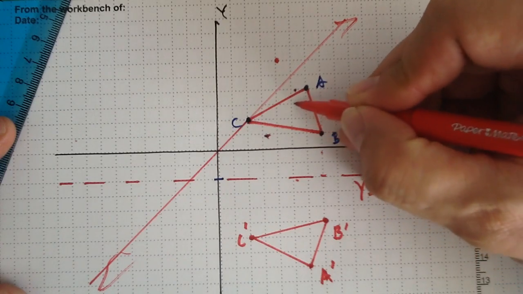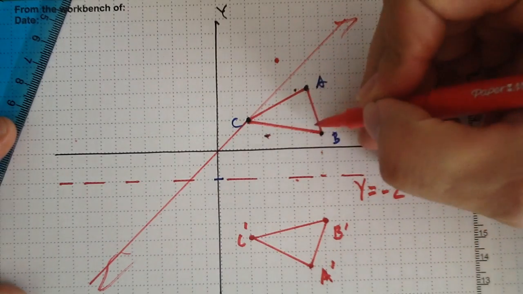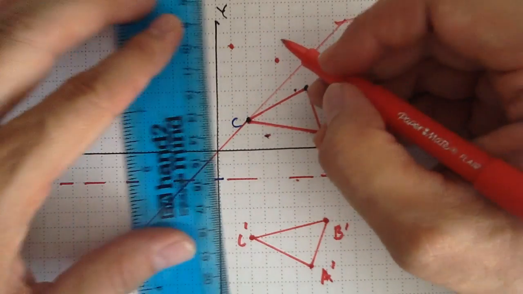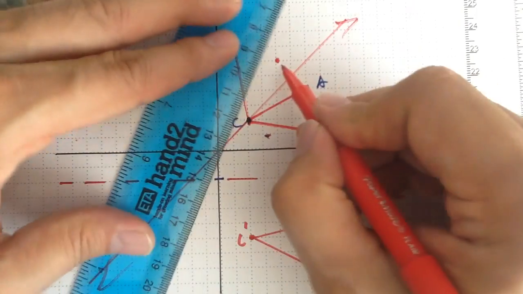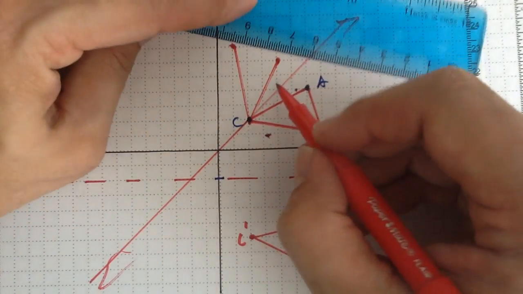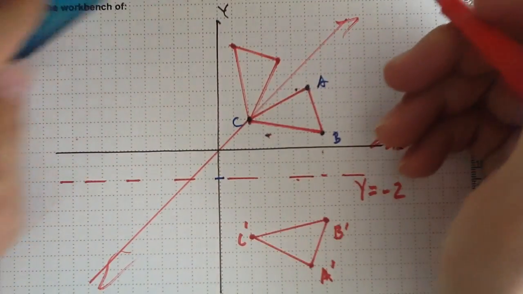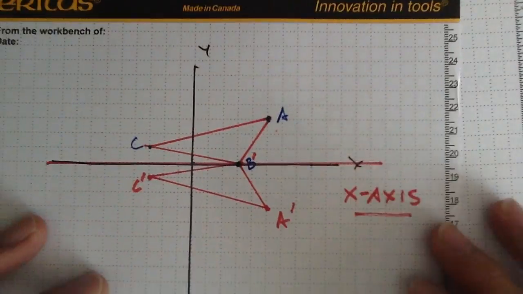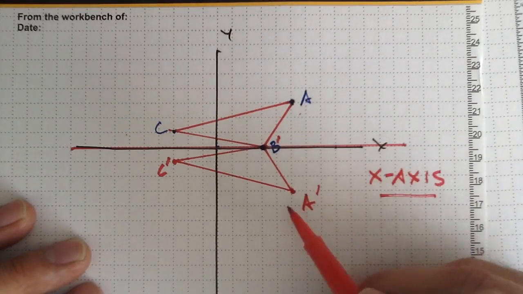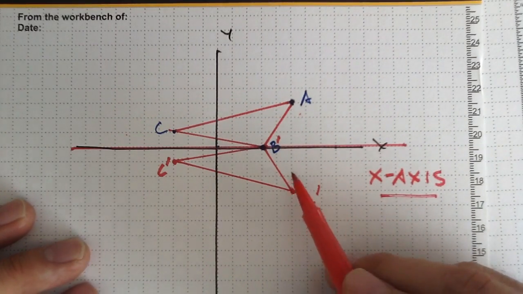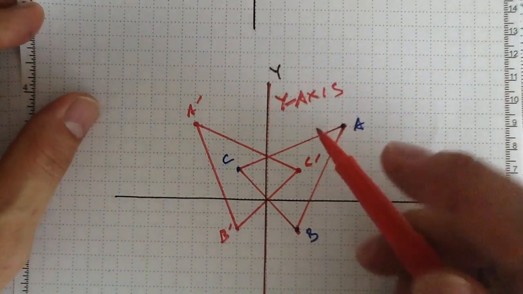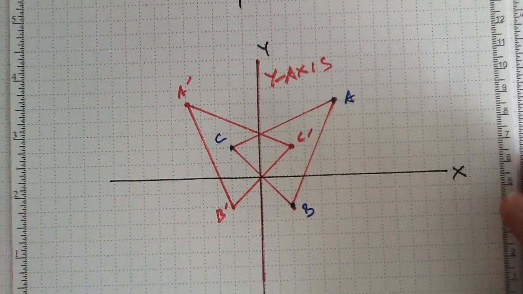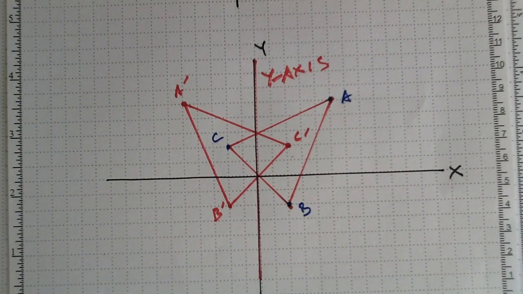Luckily, we don't have to get into this at this point, but I wanted you to realize that not everything is going to be like the work that we do today; we are going to take these ideas next year and expand on them. But for now, mainly, if you can do this example where I take an image and reflect it through the x-axis, or if I take an image like this and reflect it through the y-axis, you should be in good shape in terms of understanding this concept of reflection and lines of reflection.